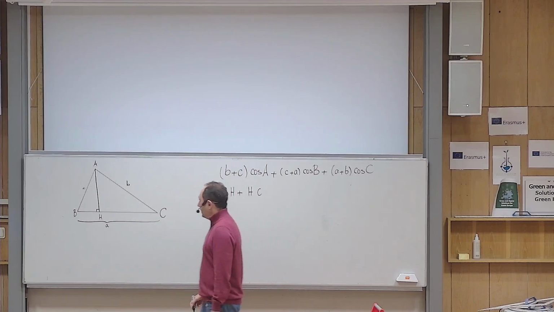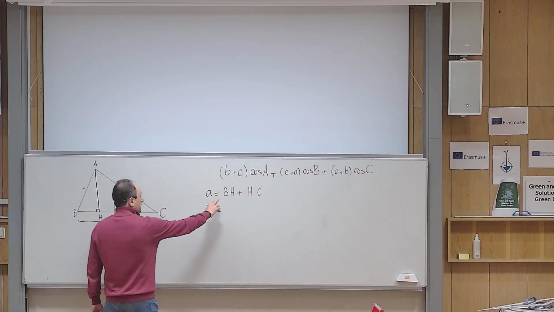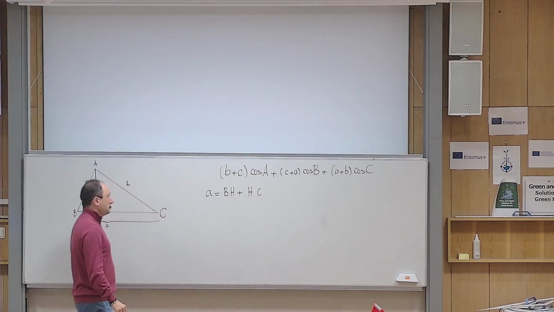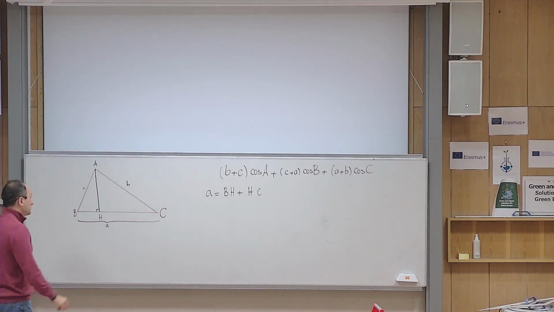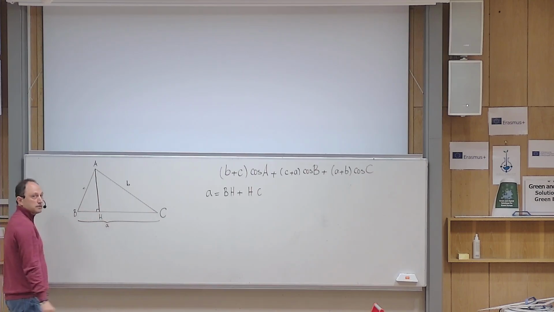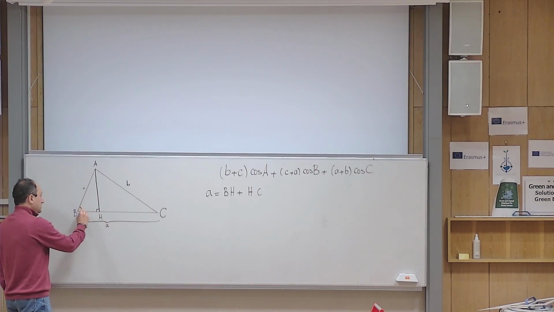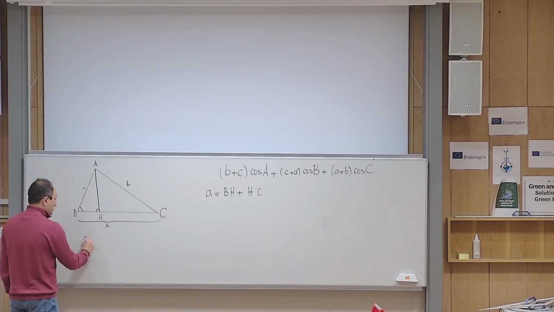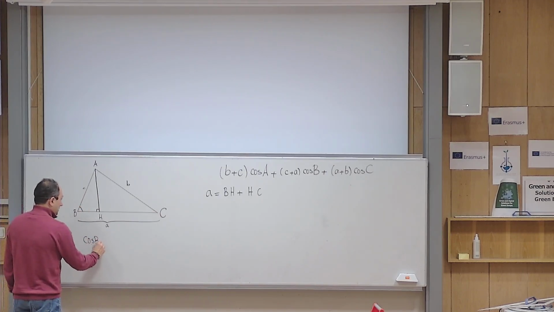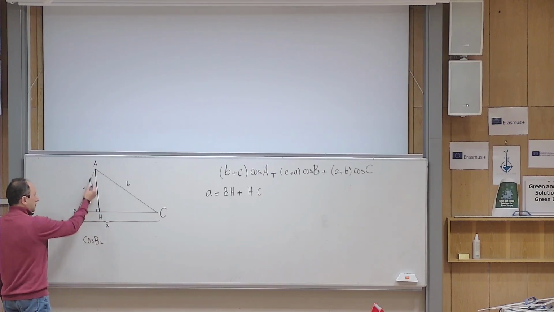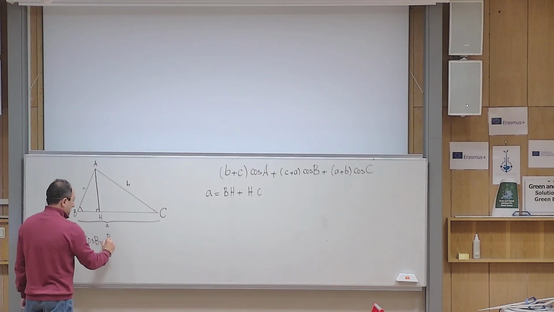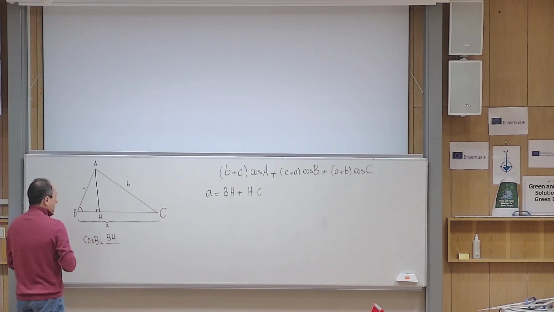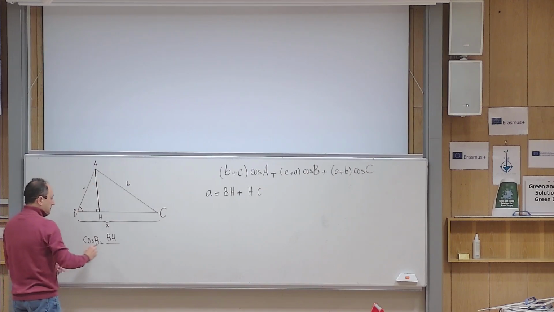Now I want to connect BH and HC to the cosine of the angles. As you see, I have two right angle triangles here. Let us focus on cosine of B first. Cosine of B in this right angle triangle is the adjacent side, which is BH, divided by the hypotenuse, which is c.